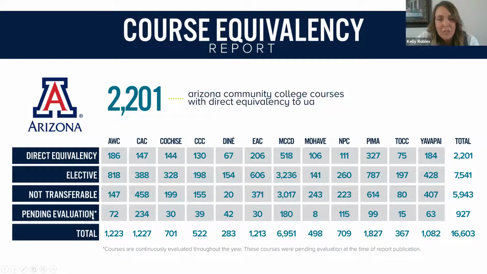Pending evaluation, we evaluate coursework every day of the year. And so at the time that this report was pulled on June 30th of the last year, these were the ones that were pending evaluation, but that's done on an ongoing basis. I would then ask if there are questions about the course equivalency report. Last year, AZTransfer did make dynamic versions of this report available.